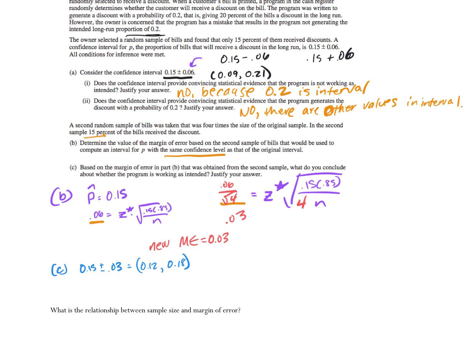Yes, because 0.2 is not in this interval. If 20% is working, this interval says it's not working because there is no 20%.